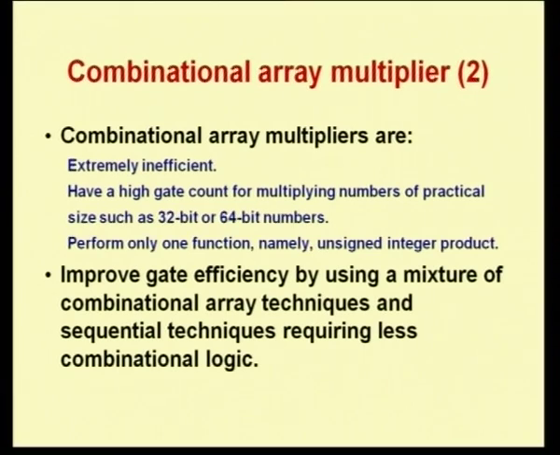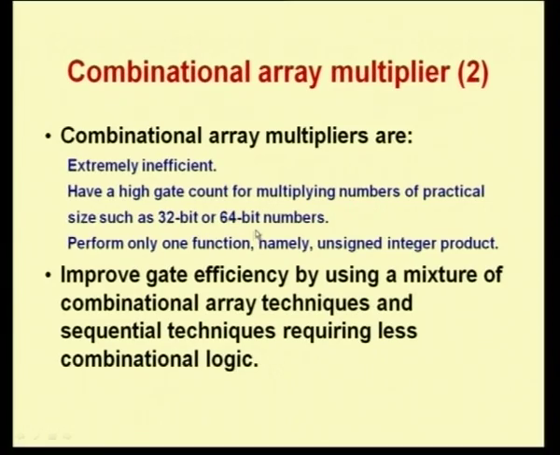Now, this combinational array multiplier has certain advantages and certain disadvantages. The advantage is of course that it is a very fast multiplication because it is just combinational logic that is used. But the disadvantage is that it has a very high gate count for multiplying numbers, especially large numbers, since practically we will be looking at 32-bit or 64-bit numbers being multiplied.